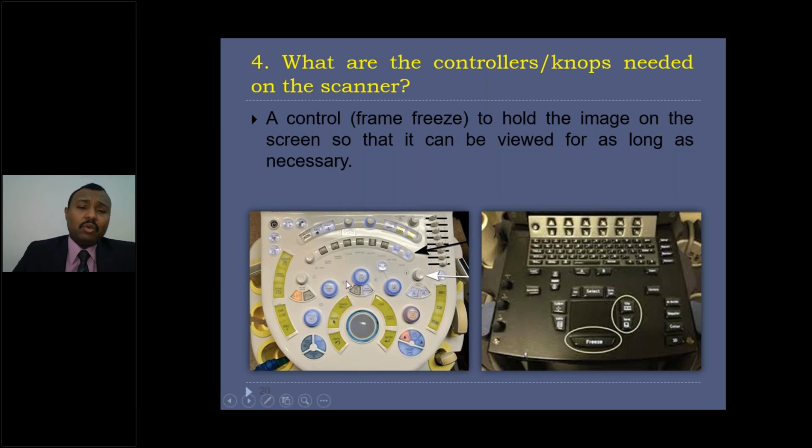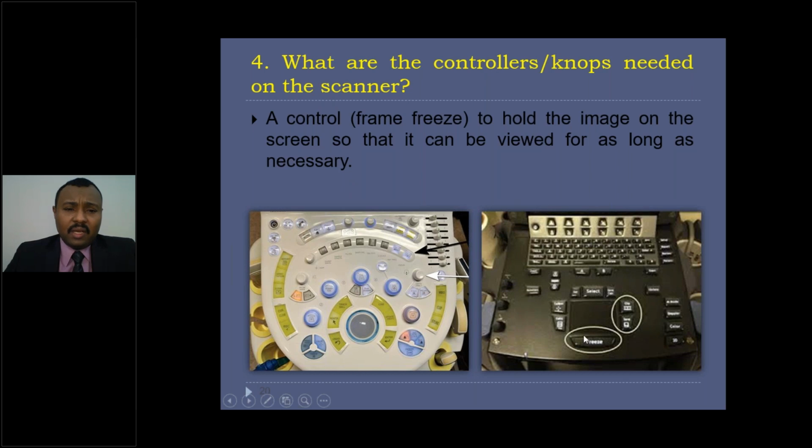It can be a kind of knob available at the control panel or at the control console of our ultrasound machine, or it can be a controller in the form of a foot switch, and by your foot you can press it to hold the frame, or to make the image freeze on the screen for a long time so that you can view it and do the necessary operation.